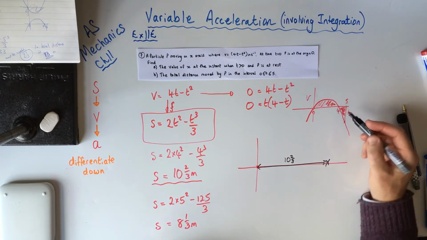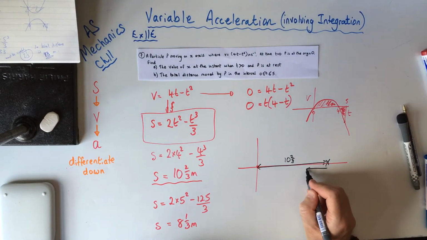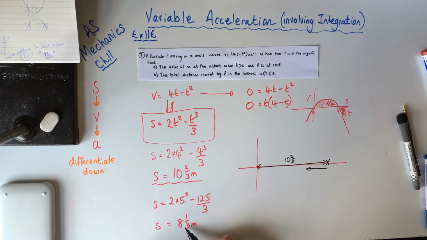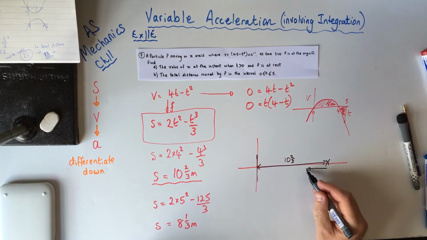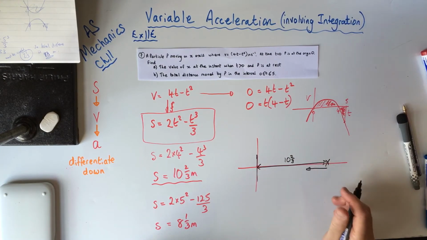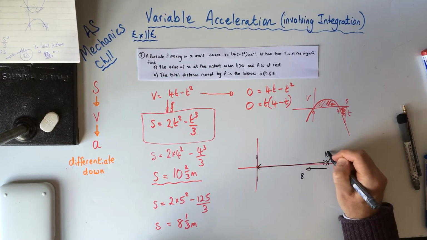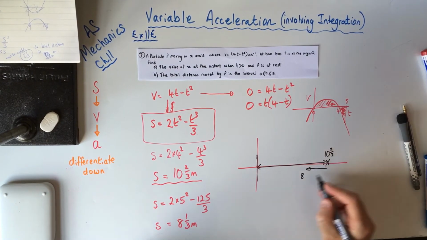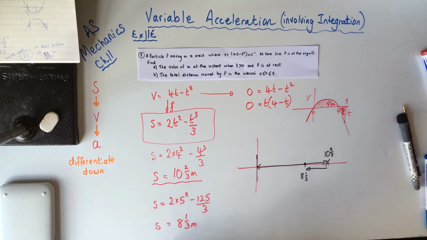Then the velocity stops, and then the velocity goes negative, so it starts to come back. And remember, this is not the distance travelled, s is the displacement, the distance from the starting point. So now it's at the 8, this is 10 2/3, let's put that there. Now it's at the 8 1/3 point.